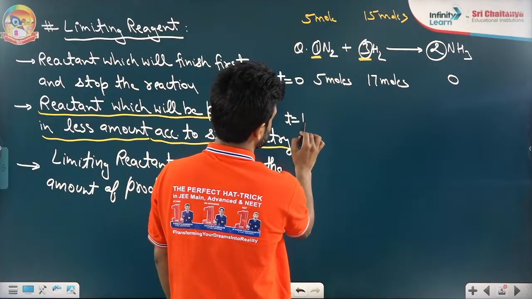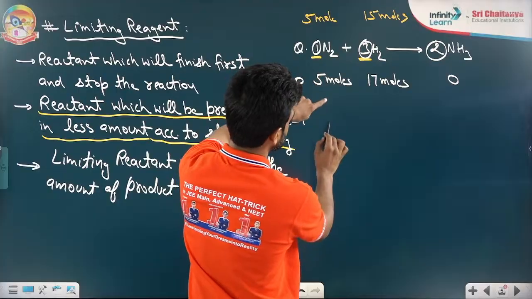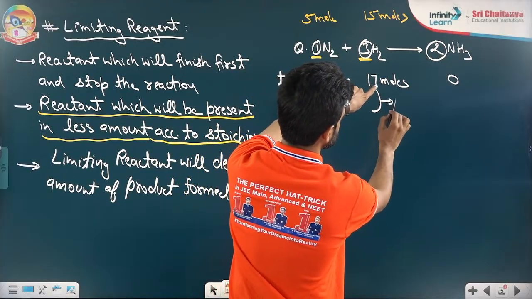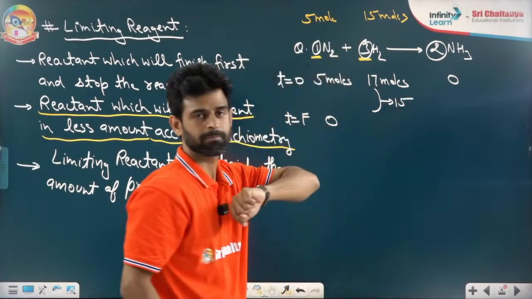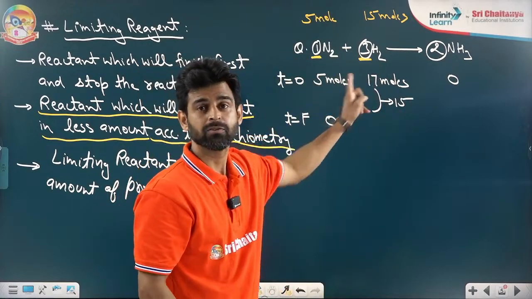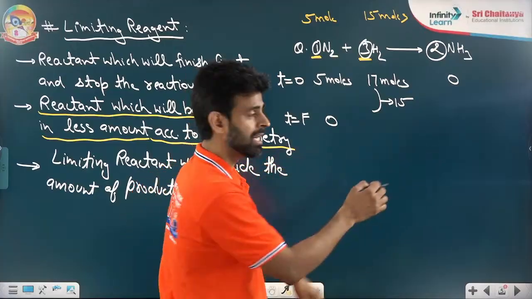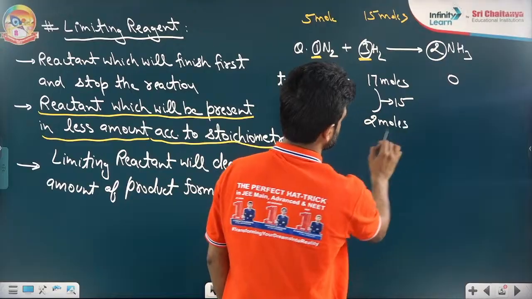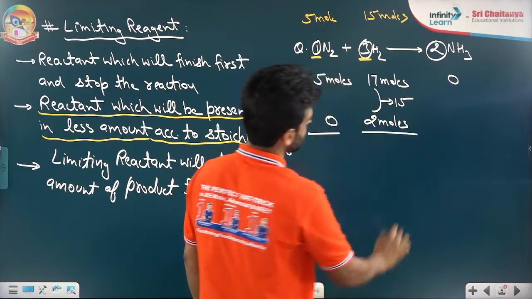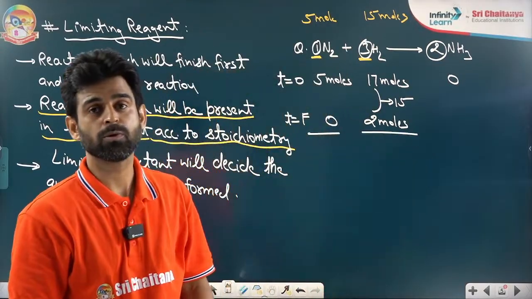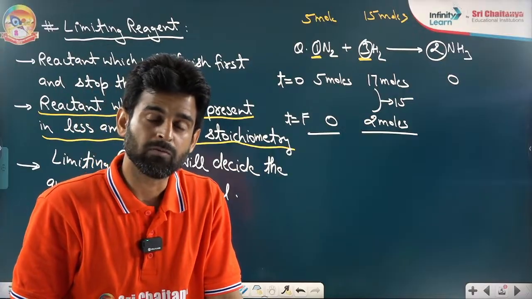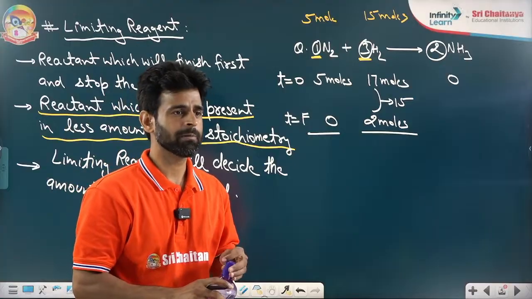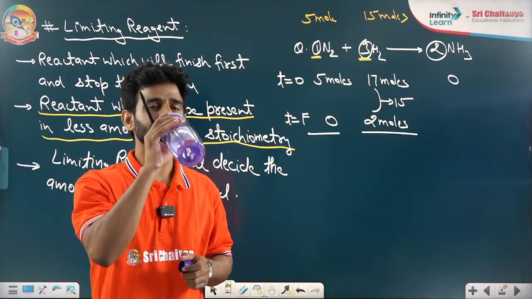So at final time, when 5 finishes, out of 17 only 15 will finish. 1 finishes 3, 5 finishes 15. Still, how many moles remaining? Still 2 moles remaining. So N2 becomes 0. You can see which one is finishing first. Yes, N2 is the limiting reactant. Yes, beta? Is it right, Yamini?